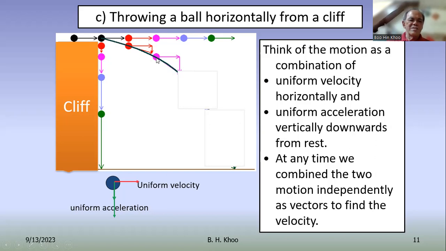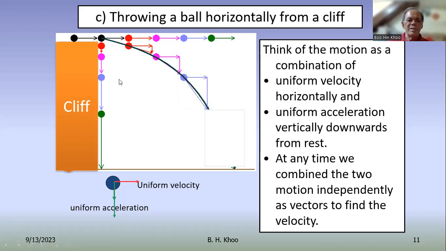That's the distance moved, for the path the ball is moving along. To find the resultant of the horizontal and the vertical, we have to combine them vectorially.